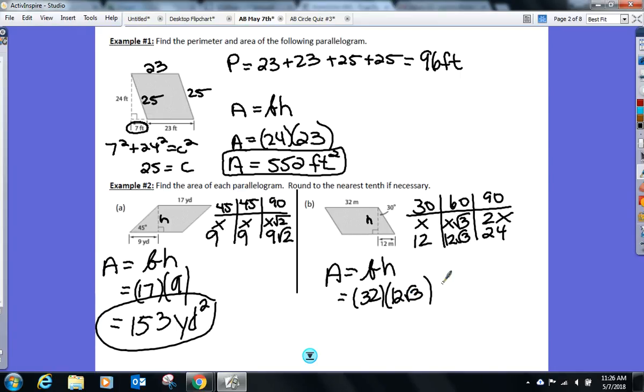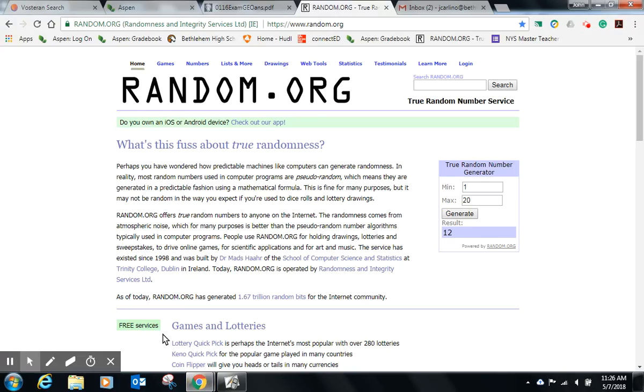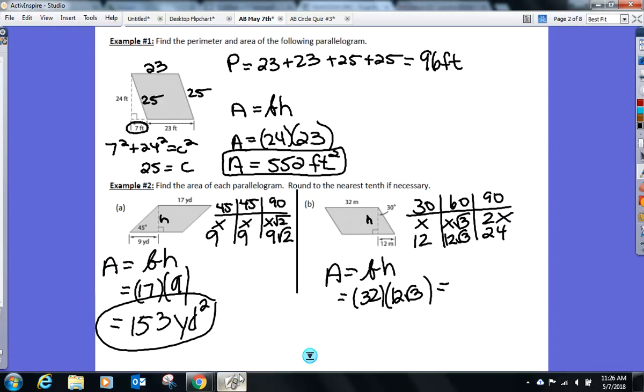Nearest 10th, which it will be necessary right now. What do you got, 6? Square meters. Got it.